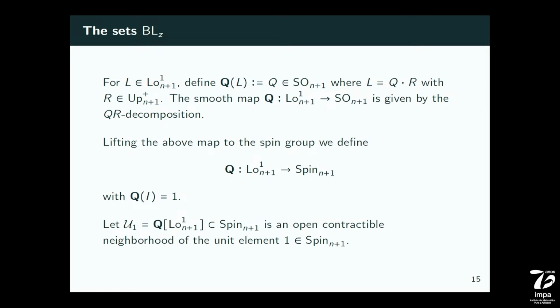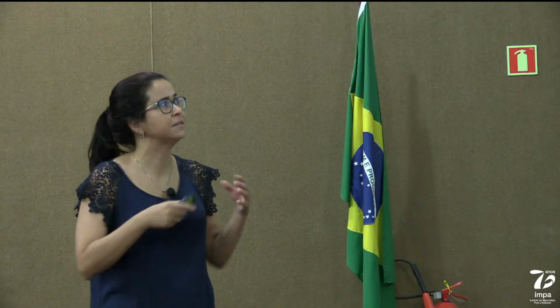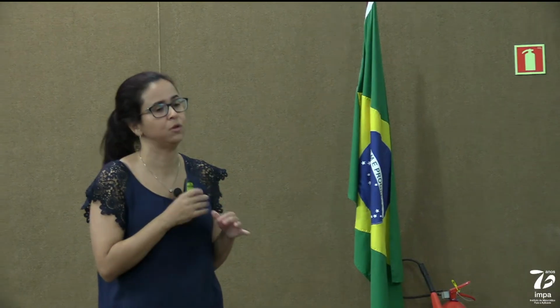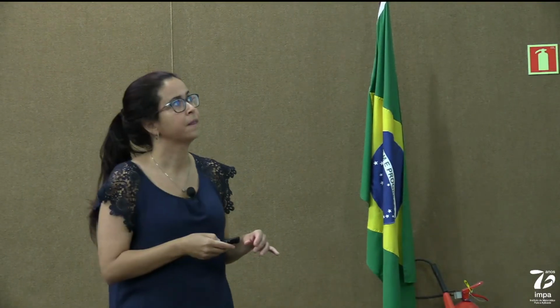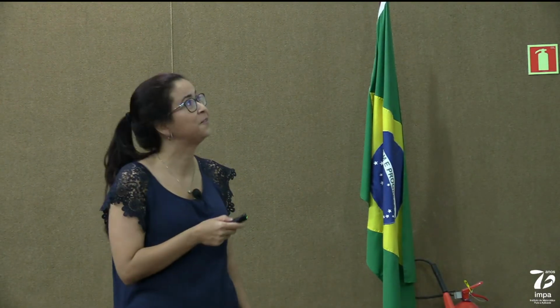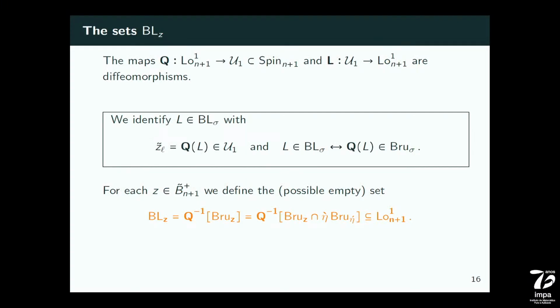Like the identity here goes to 1, and this map is well defined, and you define this set that is an open contractible neighborhood of the element 1 in the identity. Why do we want to do this? For us to be able to have unique L and U matrices, so that this becomes well defined. So in this case, these maps are diffeomorphisms.